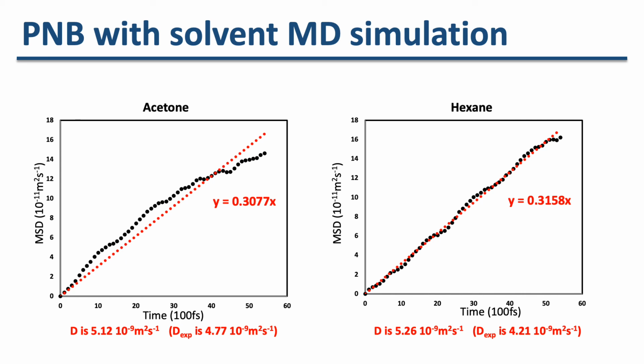Again, the self-diffusion coefficient of acetone is larger than the previous ones, I mean larger than the pure acetone and larger than the acetone and hexane mixture, and the same for hexane too. So in this system, the acetone and hexane move more actively compared to the previous systems.